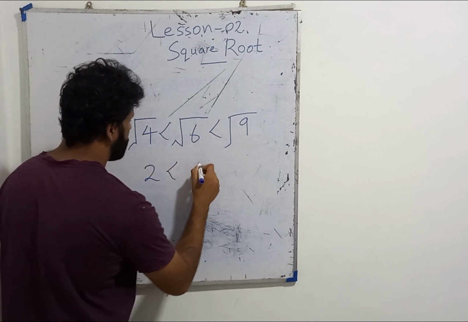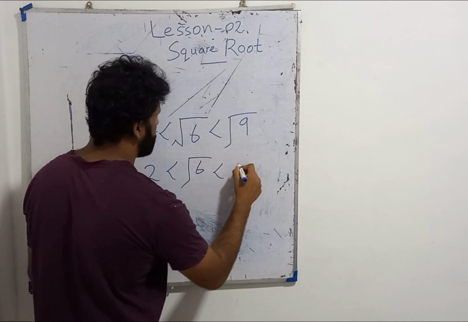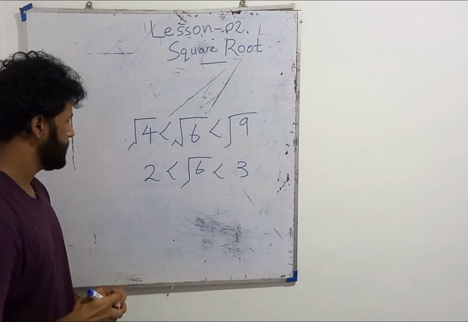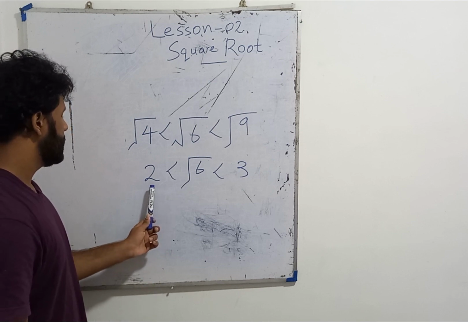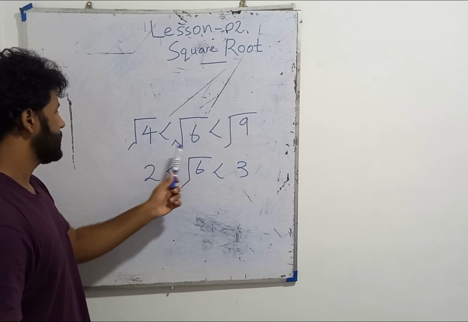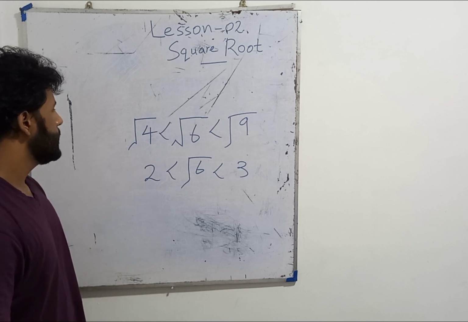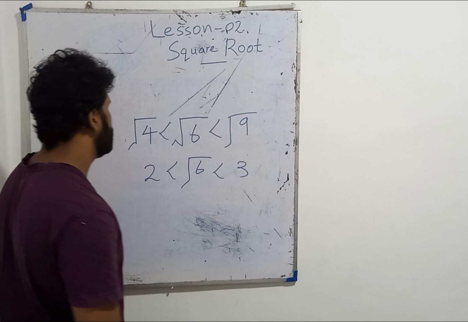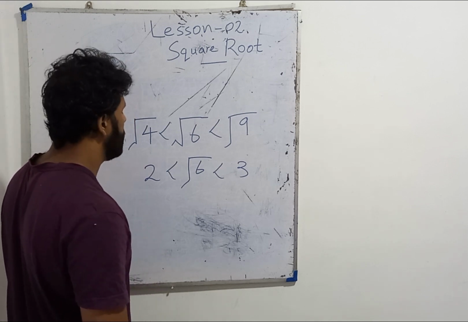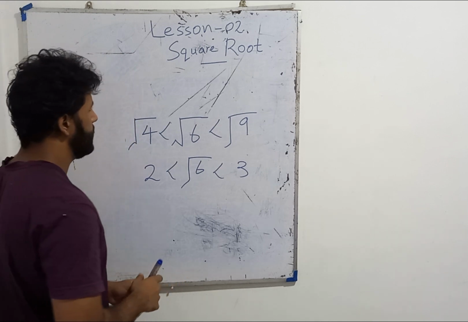2, 6, 3. Then this is closer. Okay, 6 is actually closer to 4 than 9. You already know, we discussed earlier.